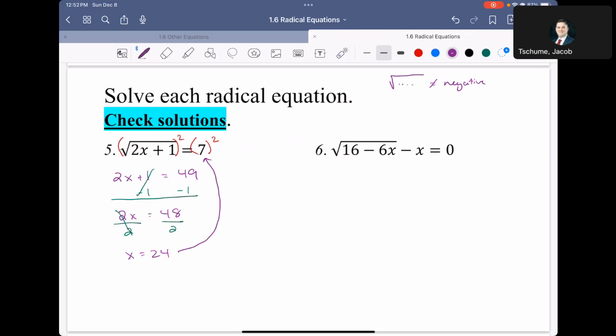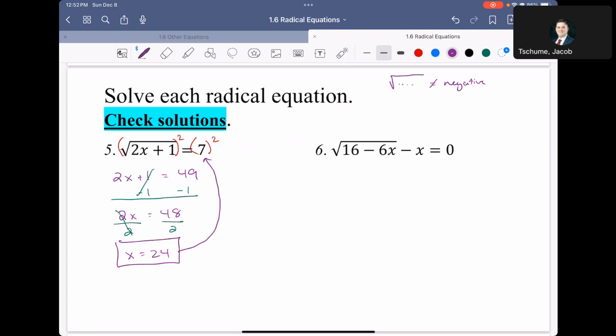The good news with this problem is that since the 7 is the only thing on the right-hand side of your equation, there's no way 7 can be negative because there's nothing there that would change it by plugging x in. So we get lucky here on the first one in that our only answer, which is 24, is the solution to this problem. But you're going to see on the next couple, you will have to actually check the answers that you get, and you'll see how those are a little bit different in just a second.